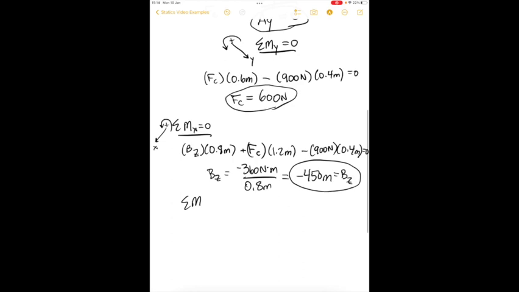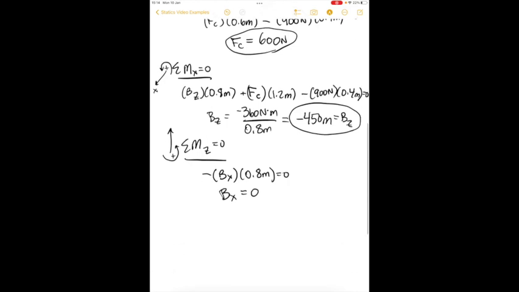So next we can do the sum of the moments about the z-axis. So z points this way, so according to the right-hand rule, turning this way would be positive. Well, we find that there's only one possible moment, which means that Bx is equal to 0.